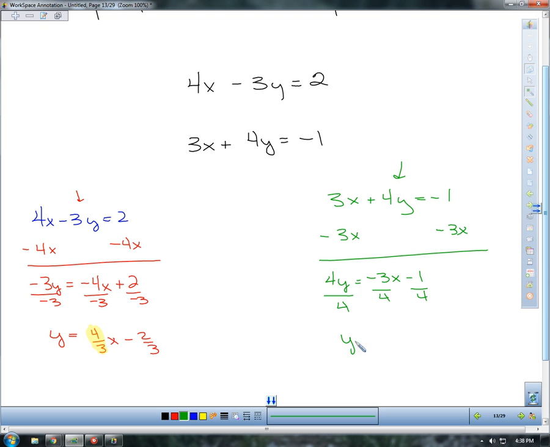And so I get y equals negative 3/4 x minus 1/4. Remember, I don't really care about this negative 1/4, but this negative 3/4 I need. So are these two equal to each other? No. But negative 3/4 is a negative reciprocal of 4/3, so I know that these two are perpendicular.